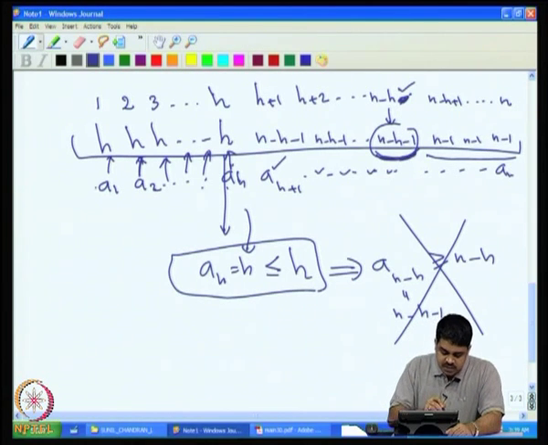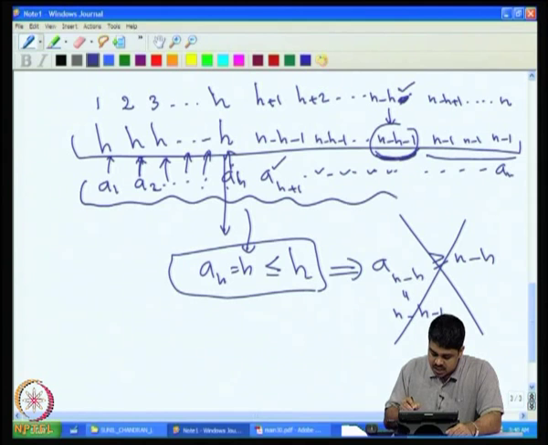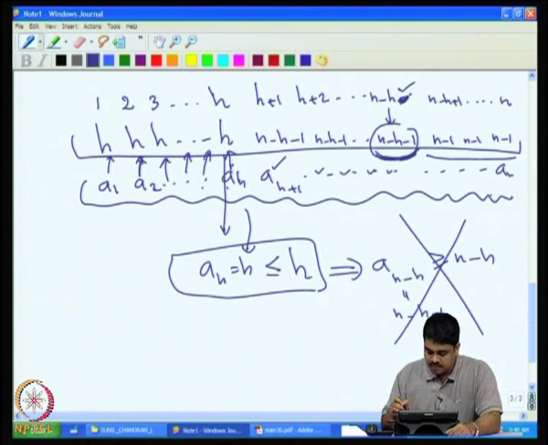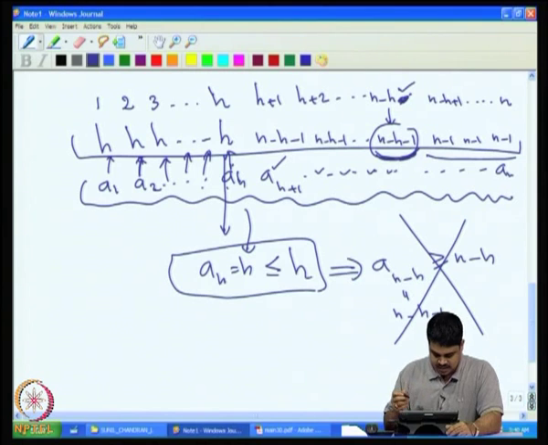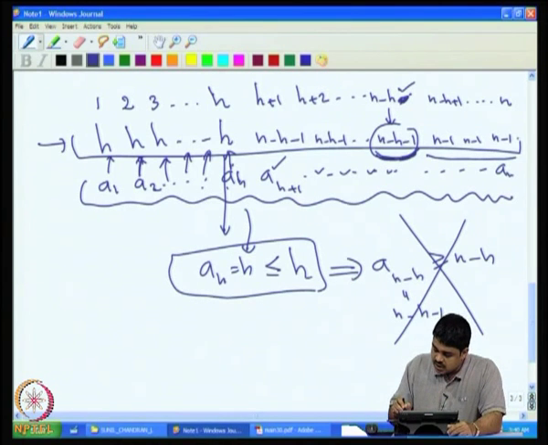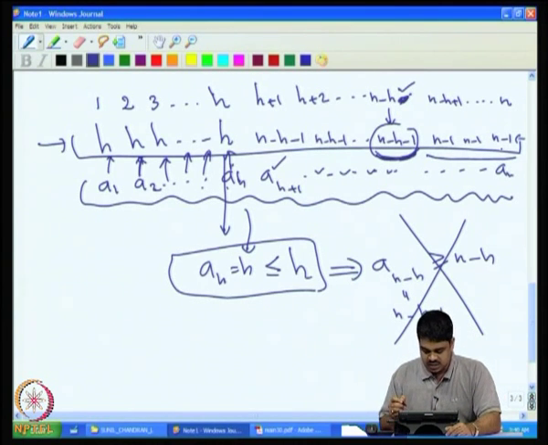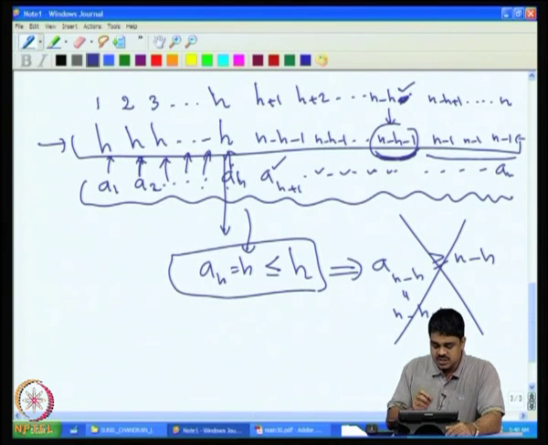Therefore, whichever is the initial sequence a1, a2, up to a_h, a_(h plus 1) to a_n, we have just increased the corresponding values. Every a_i has only increased. Therefore, this sequence is a pointwise greater than or equal degree sequence compared to the original given sequence. So, we just have to show that this sequence corresponds to a non-Hamiltonian graph.